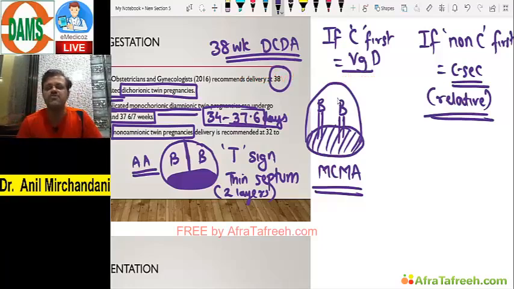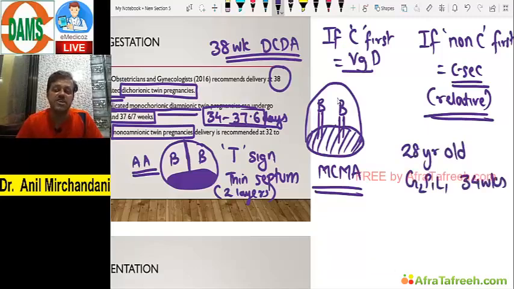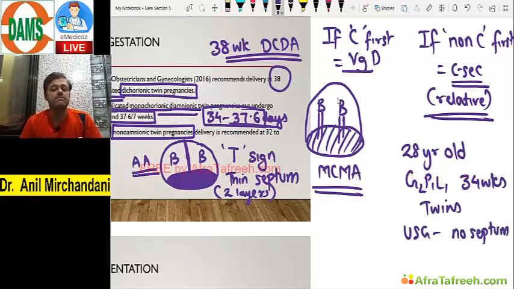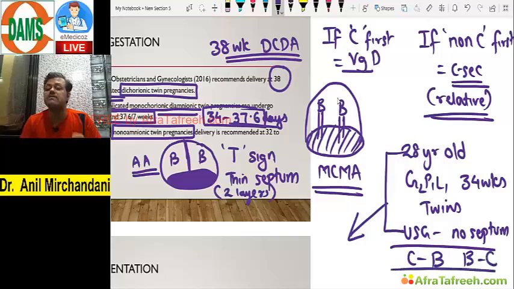I will make one question. 28-year-old patient, gravida 2, para 1, living 1, 34 weeks of gestation, twin gestation. USG shows no septum in between 2 babies. If this is asked in the exam, whether it is written first baby cephalic, second baby breech, or first baby breech, second baby cephalic, doesn't matter.